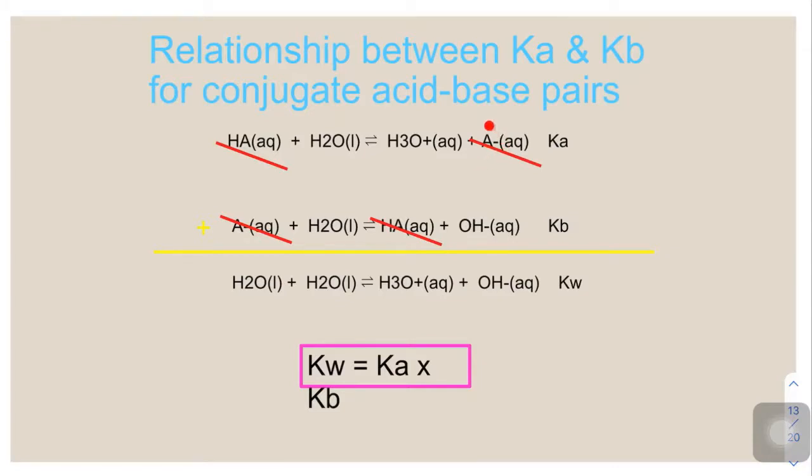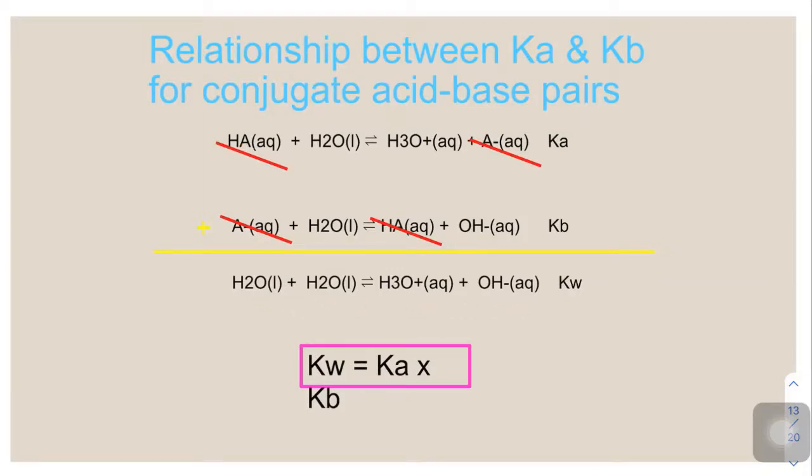So when this is the conjugate base undergoing the base dissociation process, A minus reacts with H2O liquid, it will turn to HA plus hydroxide ion. All bases will liberate hydroxide. Okay, if we sum these two equations, we get the overall equation.